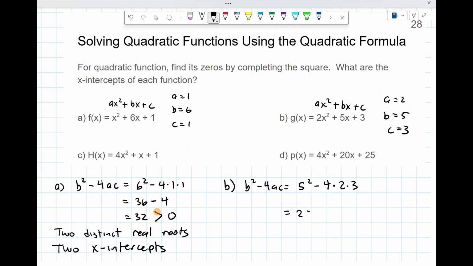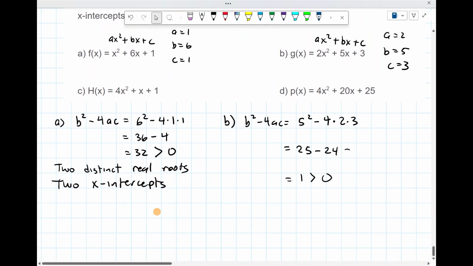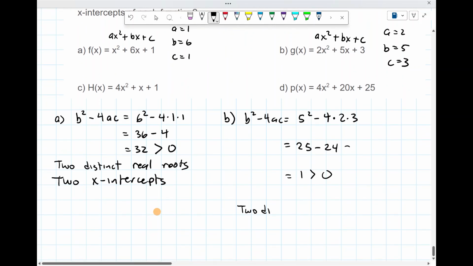So this will be 25 minus 24, which is equal to 1, which again is greater than 0. So similarly, there will be two distinct real roots and two x-intercepts.